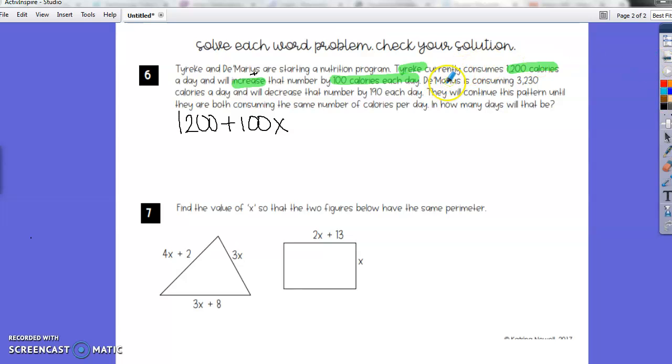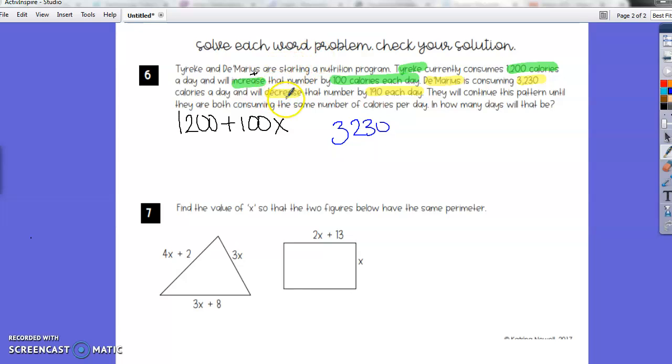Alright, so now if we look at Demarius, he is consuming 3,230 calories a day and will decrease that number by 190 calories each day. So looking at his information, he is starting out with 3,230 calories and will decrease.